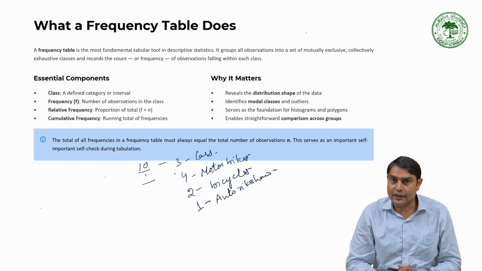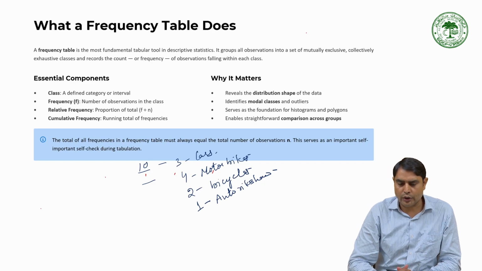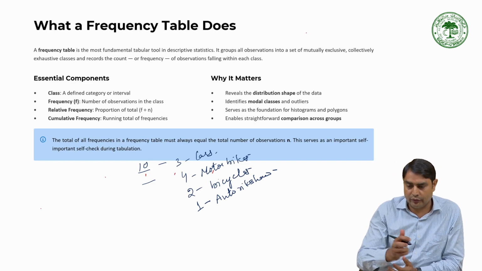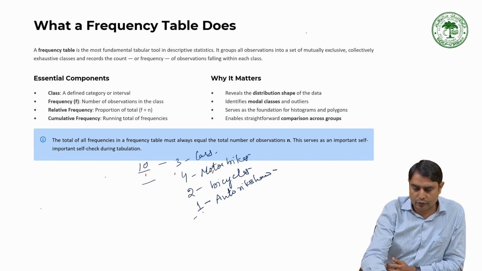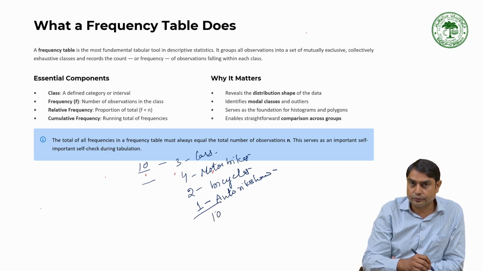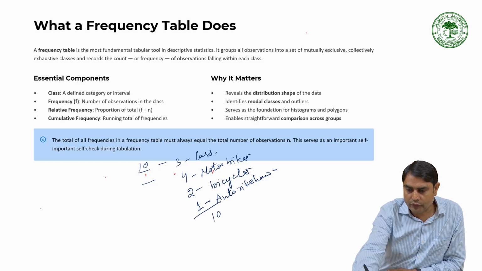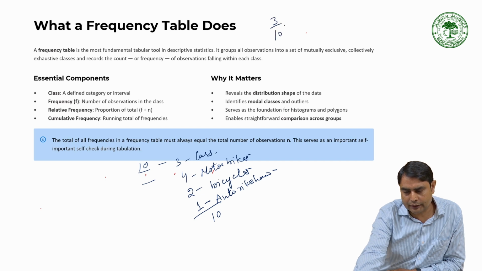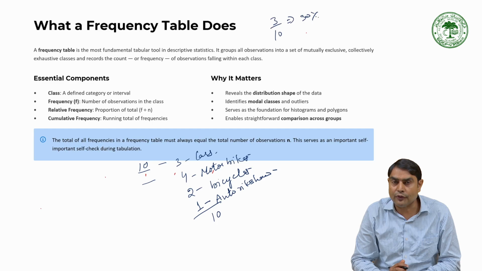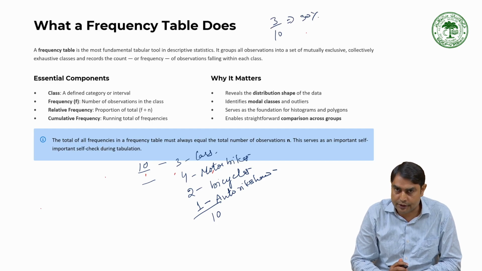So I have these 4 types of vehicles at my home, and I want to find out what is the weight of car in my total vehicles. Total vehicles are 10. So the weight of car is 3 by 10, which is 30%. So the relative frequency of car in my vehicles is 30%.